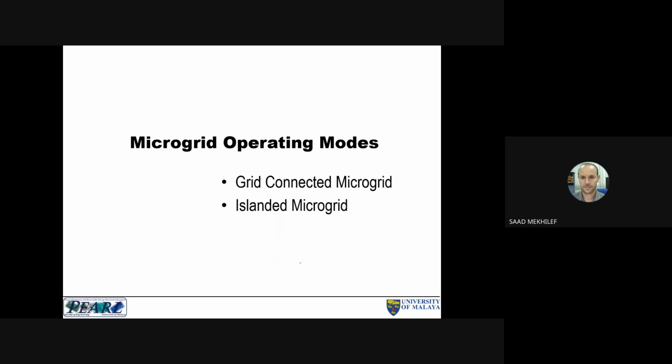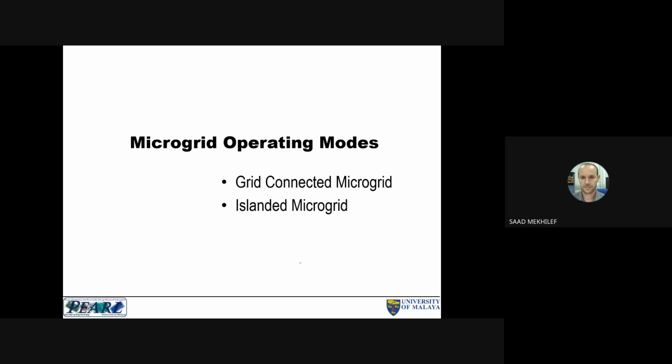The mode of operation of a microgrid can be in two ways: either grid connected or islanded microgrid. It depends on the location and also on the design objectives. Grid connected is useful and good when you have access to the grid, and that may help to lower the storage size.